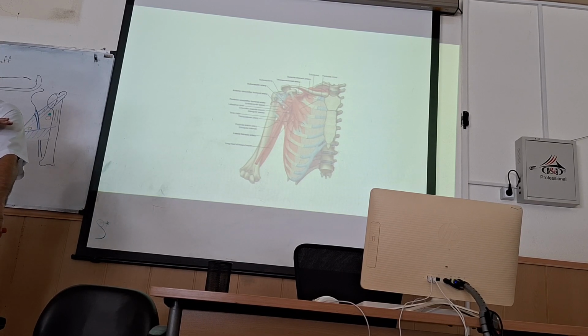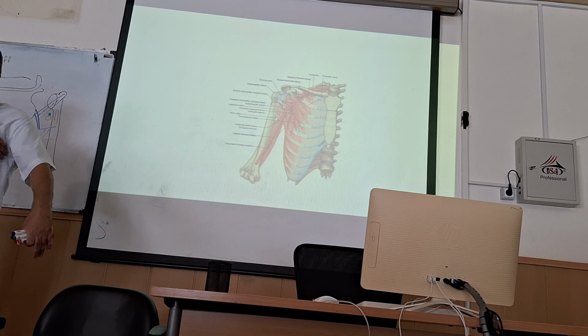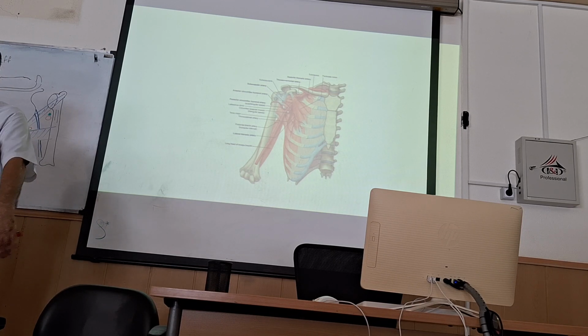Which one? Humerus bone, and the muscles attached to it: biceps, brachialis, sorry, triceps, and coracobrachialis. Okay? Medially serratus anterior, laterally coracobrachialis.